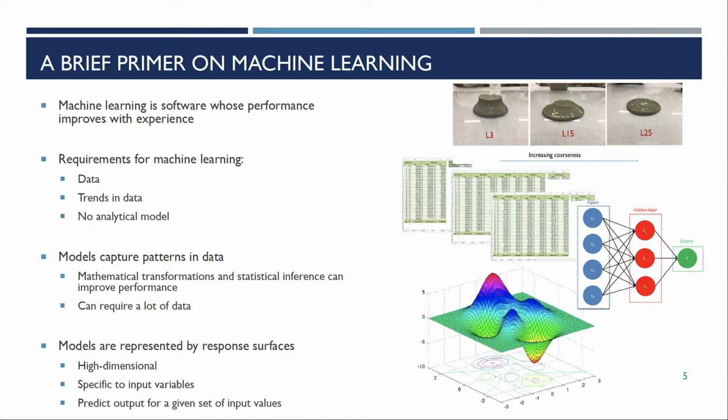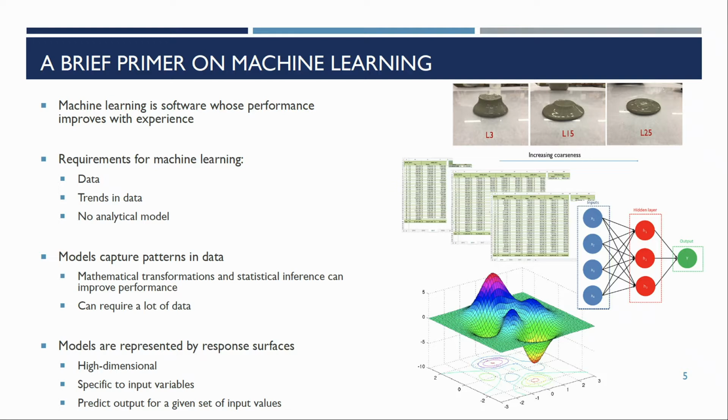Particularly, there are analytical models governing things like mini-slump or yield stress of paste, but they're not parameterized by composition. They're parameterized by other parameters. And so the basic message for the last one is, if you've got an analytical model, use it. If you don't, then you're probably stuck doing machine learning. So in machine learning, the models really capture patterns in the data.